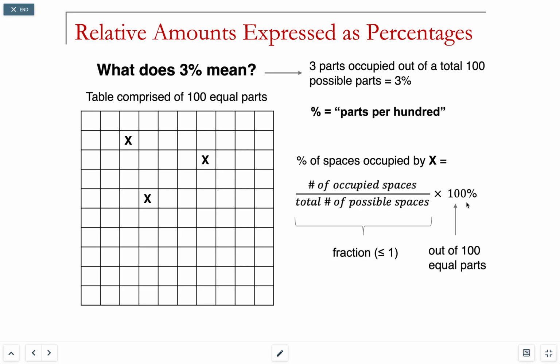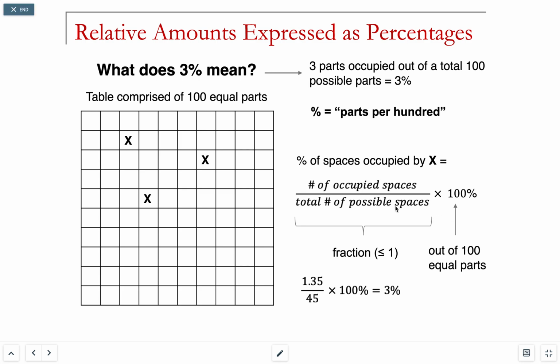When we multiply by 100, we get 3%. So this fraction is not in 100 equal spaces, okay? When we multiply by 100%, we're converting this fraction to, if you had 100 equal parts, how much are occupied? Okay, that's pretty much the concept.